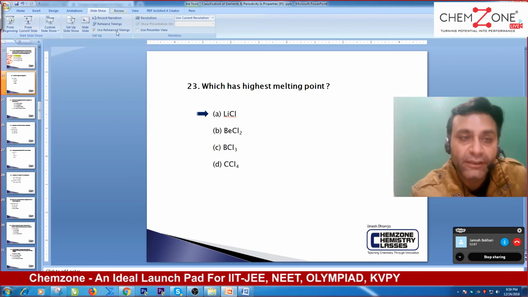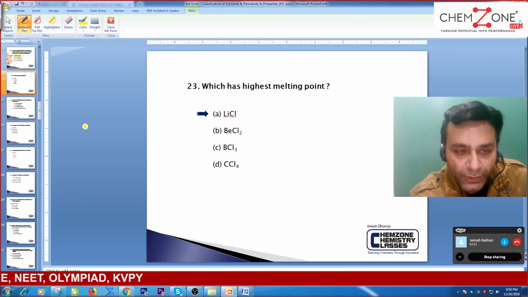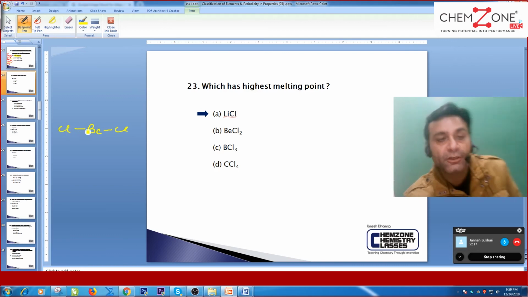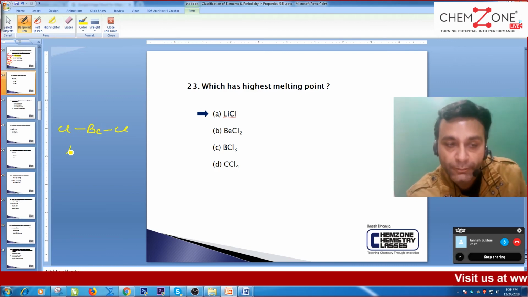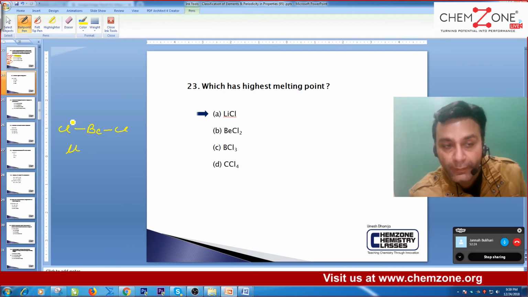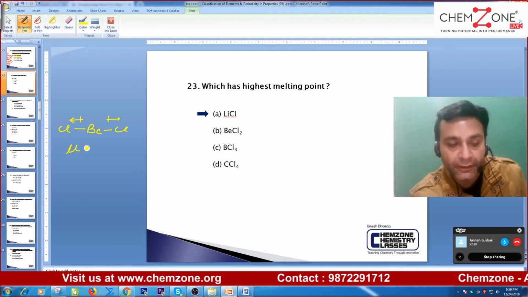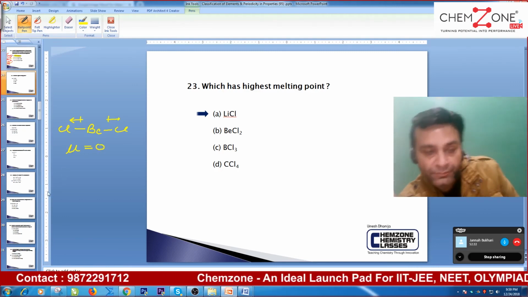Let me justify it. If I talk about BeCl2, it is like this. And one very good technical term you spoke was the dipole moment, mu, right? That is this attraction in the opposite direction, and that is why there is a null vector and the dipole moment is equal to 0.